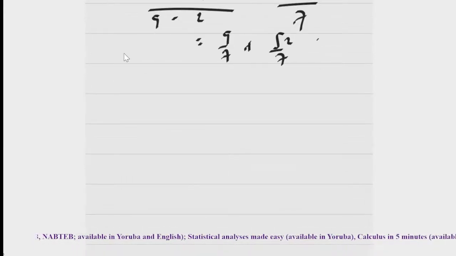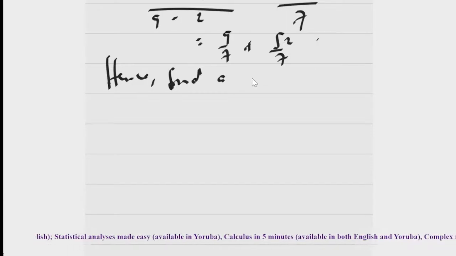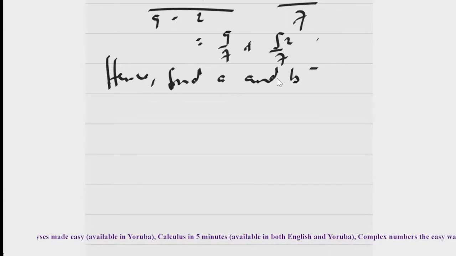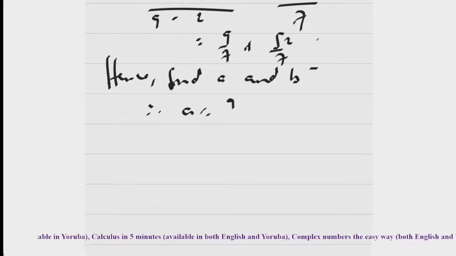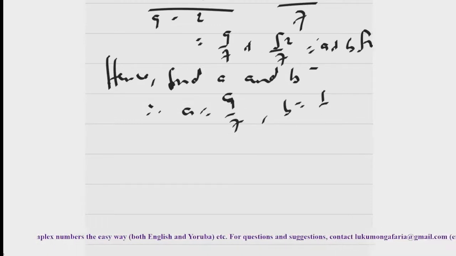Let's say the question says hence, find a and b. Then you can say that my a is 9 over 7, since we are asked to express in terms of a plus b root 2. It means your a is equal to 9 over 7 and your b is 1 over 7. That's just like that. You may have something of that nature. That's how you are going to do it.